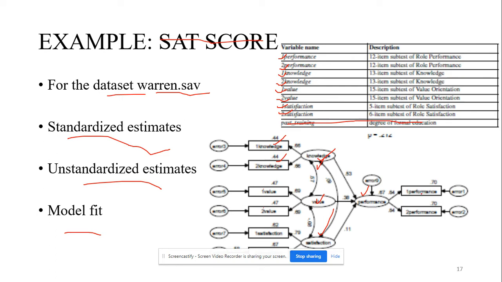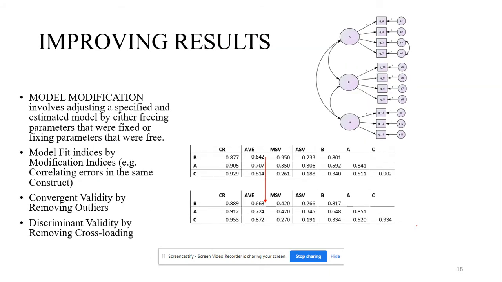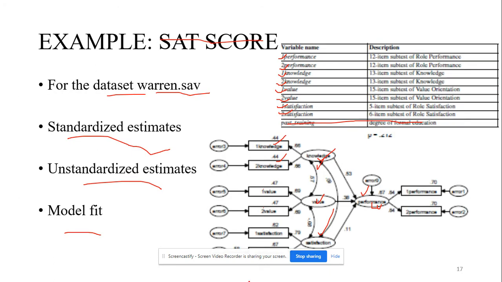Performance is a latent variable consisting of performance 1 and performance 2, which are observed or measured variables. So let's look at how the data look. We will go to SPSS and see.